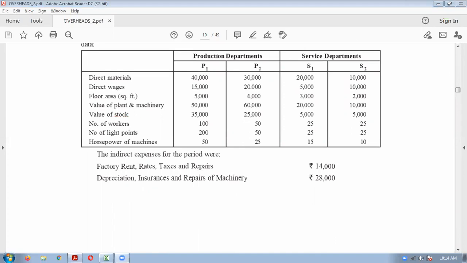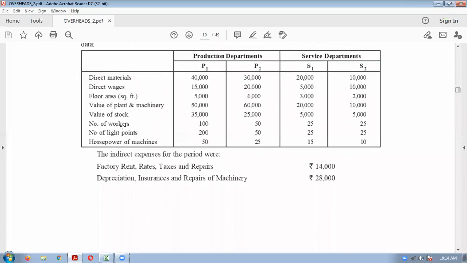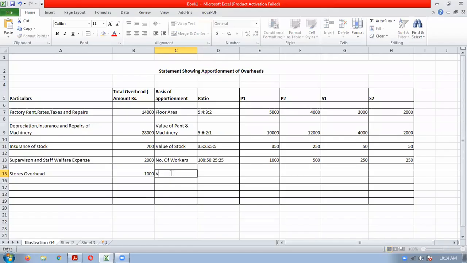Let us check the solution. See, okay, value of materials. Stores means what? Materials. So for that, you can take the material value as the base.